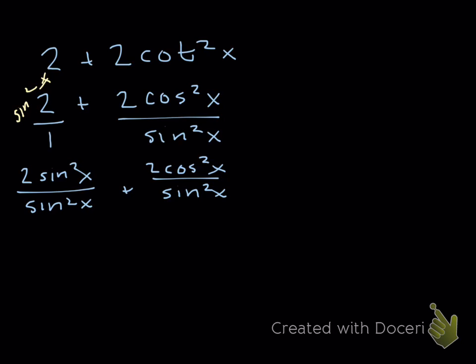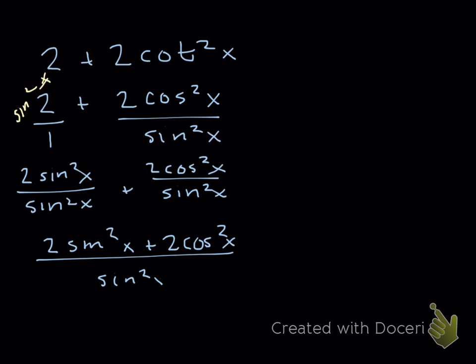And the whole purpose of getting common denominators is to put this together. So I'll have 2 sine squared of x plus 2 cosine squared of x, and this is all over sine squared of x. In the numerator, I have a GCF, so what they have in common is a 2. So I'm going to factor that 2 out.